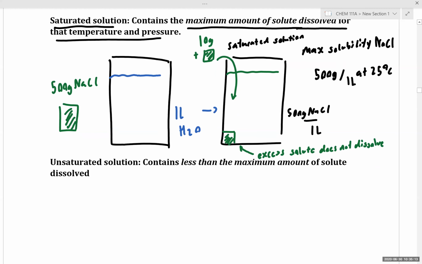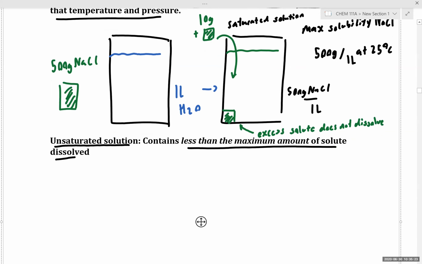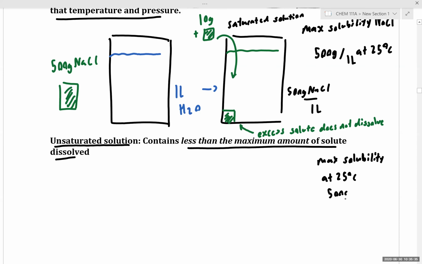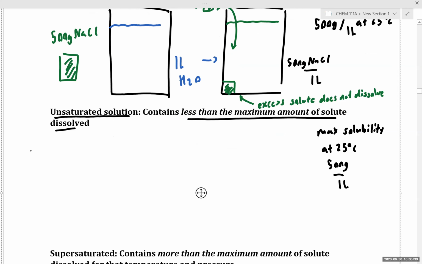Okay. Now let's look at the next case, which is an unsaturated solution, which contains less than the maximum amount of solute dissolved. So again, let's consider our max solubility at 25 degrees Celsius is 500 grams per 1 liter.